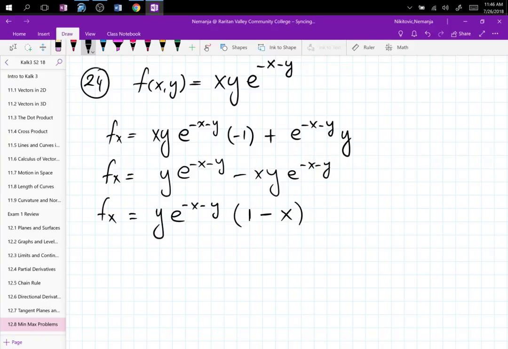So there is my fx derivative, and now fy derivative, because the function was symmetric, I'm going to swap all x's for y's. So this would be x, e, the exponent will remain the same, and then 1 minus y. So I'm just going to say by symmetry.